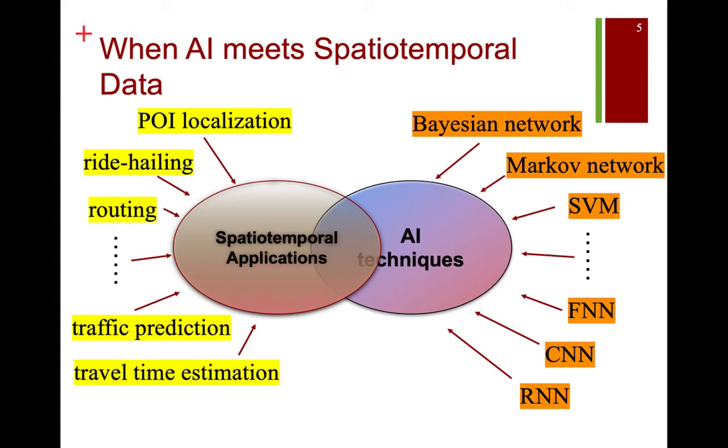Don't worry about that, because I'm not going to dig too much in depth about the technical stuff. So basically, you will get a high-level idea and some overall pictures about how these techniques are applied to address the problems in the spatial temporal domain.